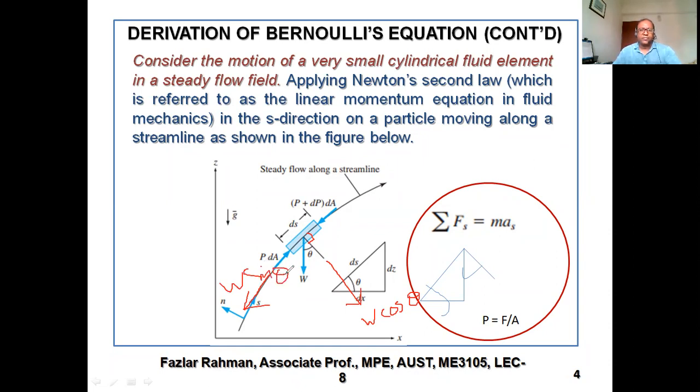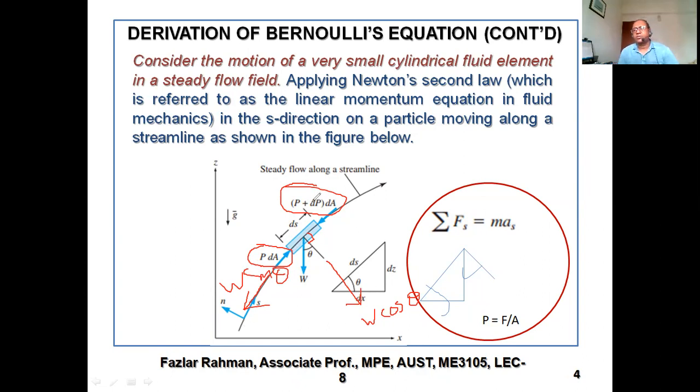So you see, along the streamline, now three forces are working. This one works opposite to the motion. This one works toward the motion. W sin theta is also opposite to the motion.